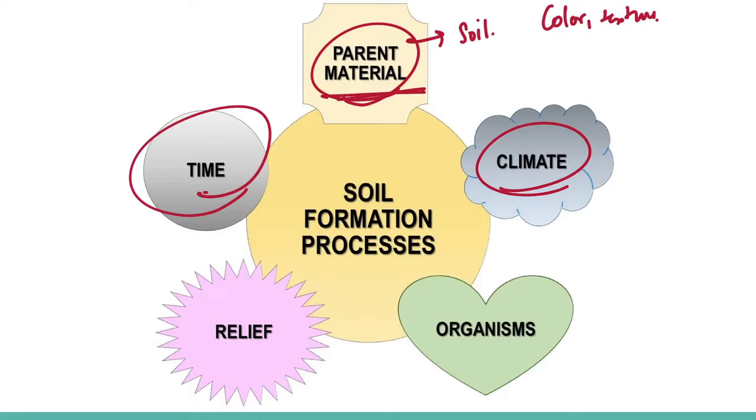Climatic features. This is probably the most important factor that can shape the formation of soil. Two important climatic components are temperature and precipitation. These are the important key factors. They determine how quickly weathering occurs and what kind of organic materials may be available on and inside of the soil.